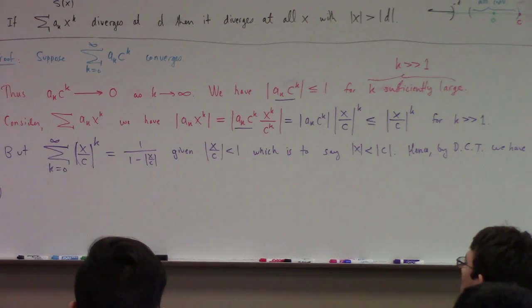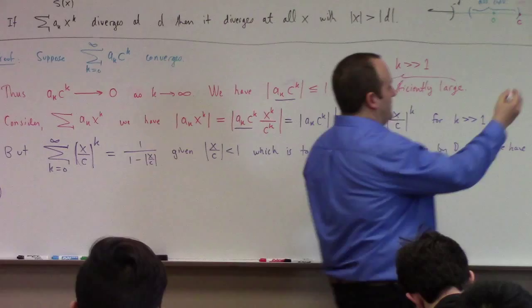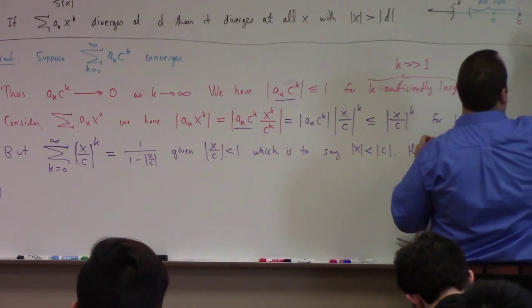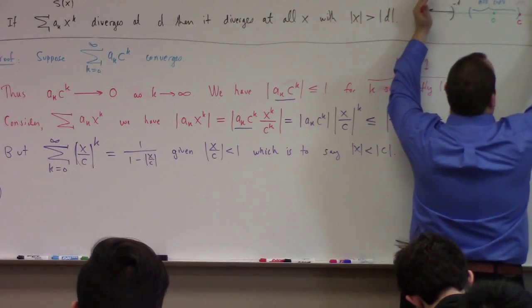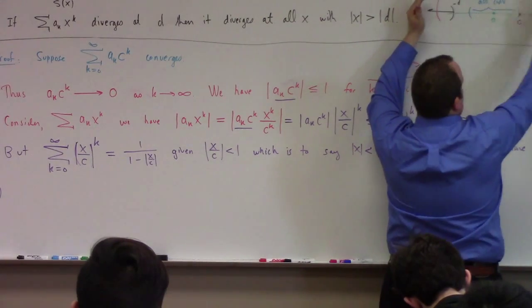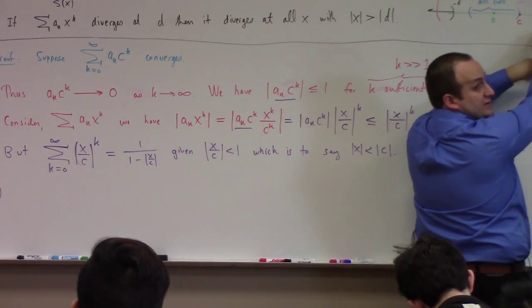You would violate the comparison test. If there was a C prime which converged, then by part 1, all of this absolutely converges, but that would contradict the divergence at the point D.